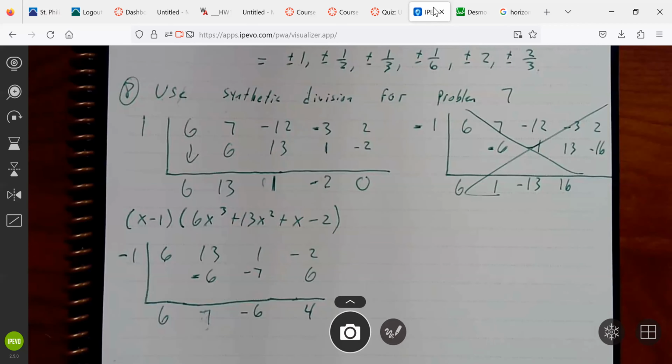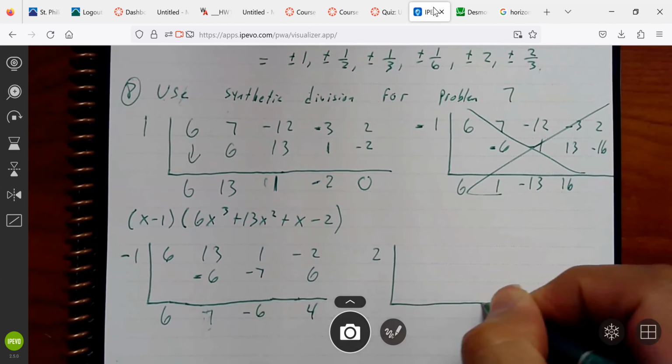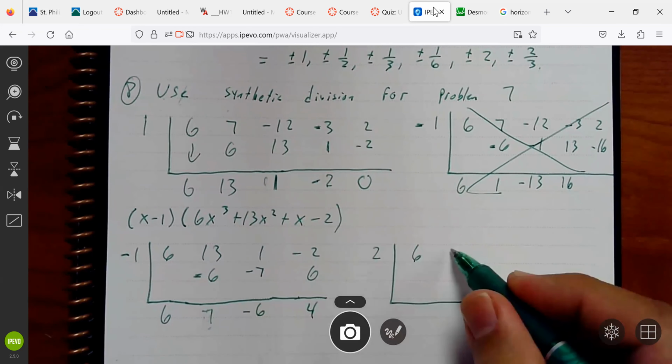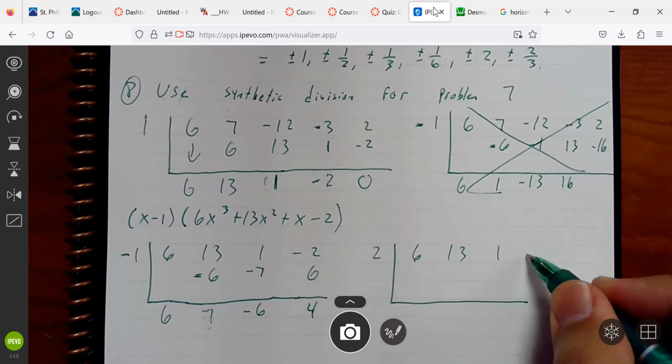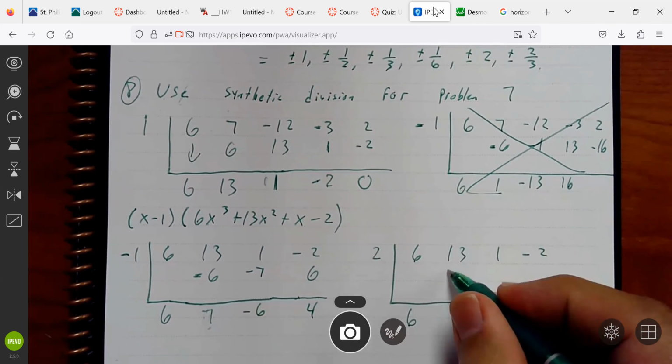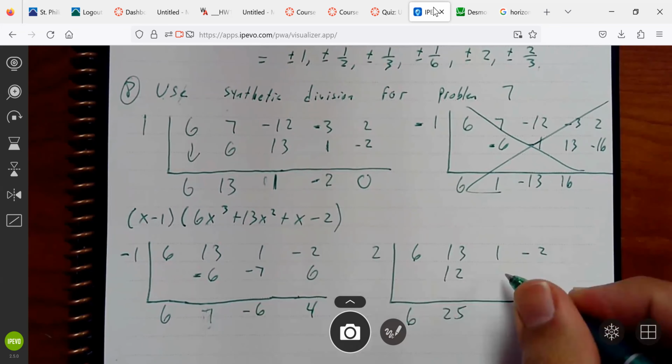Not negative 1. Okay. Let's try 2 just because it's easy. I don't want to try the fractions just yet. Bring down the 6. 2 times 6 is 12. Add that up. That is a 25. That's not going to happen.